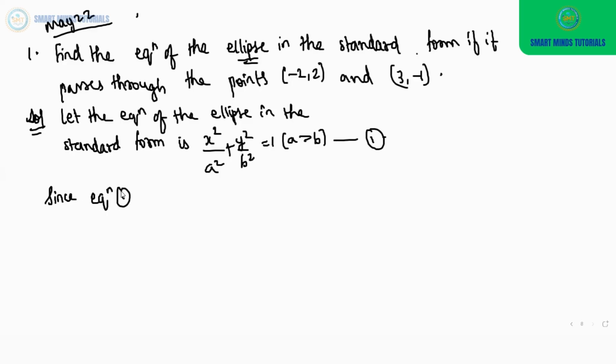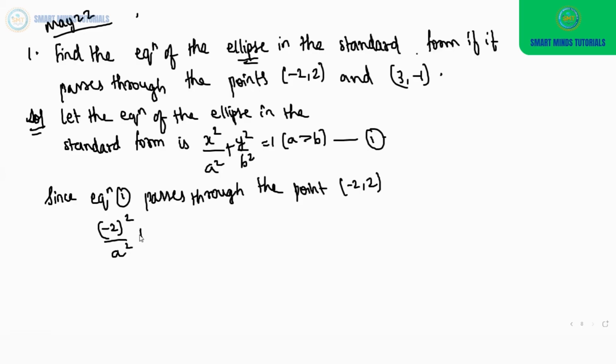Since equation number 1 passes through the point (-2, 2), in the place of x you put -2, in the place of y you put 2. So (-2) whole square by a square plus 2 square by b square is equal to 1.